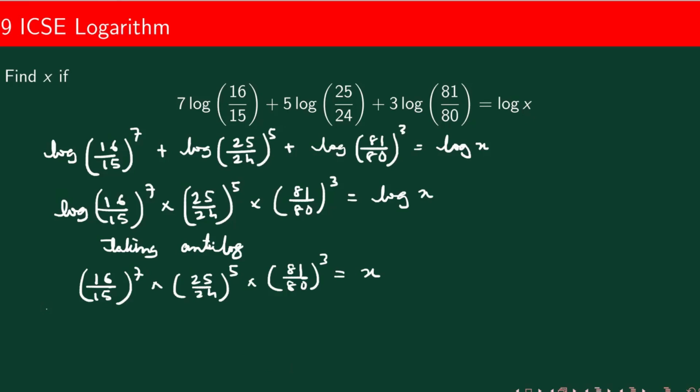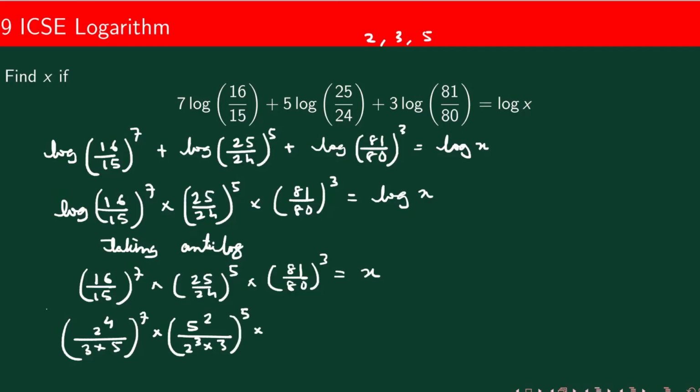If you see, all these numbers can be broken down as powers of 2, 3, and 5. Like 16 is 2 to the power 4, and 15 is 3 into 5, raised to 7. 25 is 5 squared, and 24 is 8 threes are, so that is 2 cube into 3, raised to 5. Then 81 is 3 raised to 4, and 80 is 5 sixteens are, that is 5 into 2 raised to 4, raised to 3.